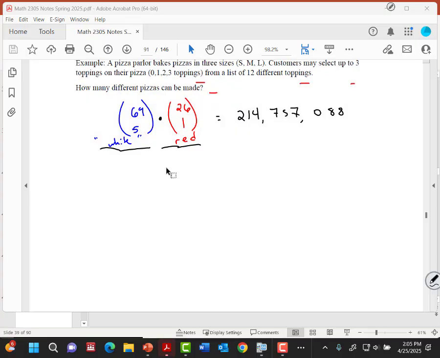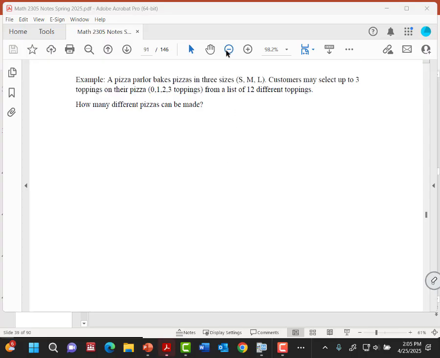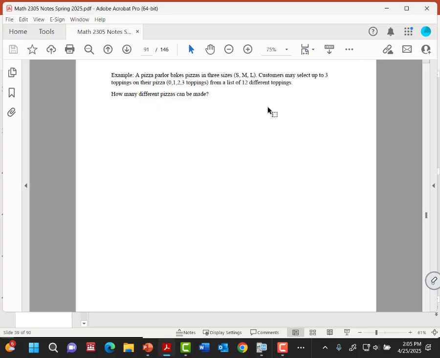Okay, let's do this example. This one looks fun. Okay, a pizza parlor bakes pizzas in 3 sizes, small, medium, large. Customers may select up to 3 toppings on their pizza.